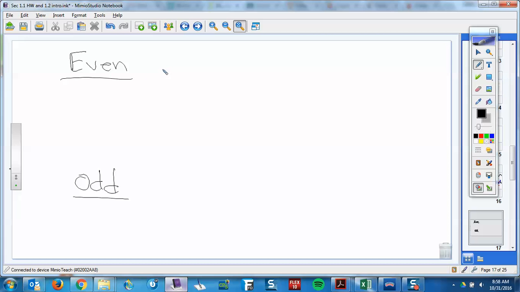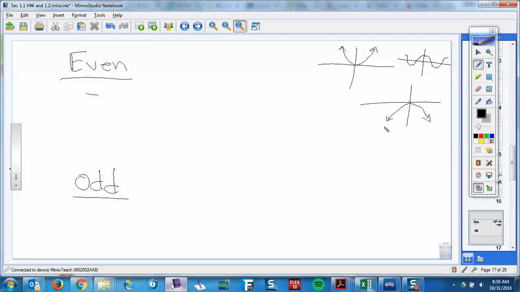What's an even function? What are some things you remember about an even function? I'll give you a hint. If you put it in negative, you get positive. No, you're on the right track. These are both even functions. And let me tell you another even function. The cosine function is an even function.